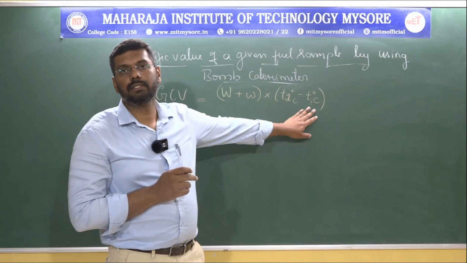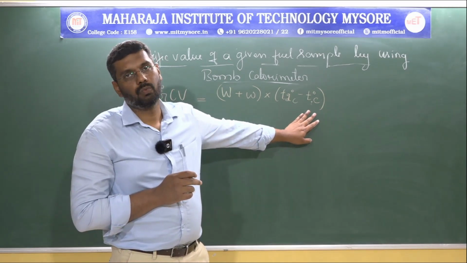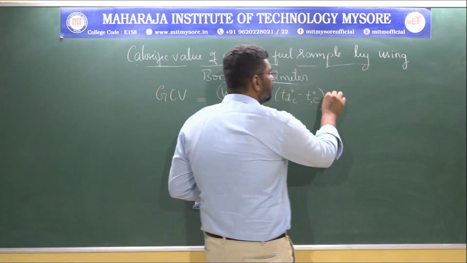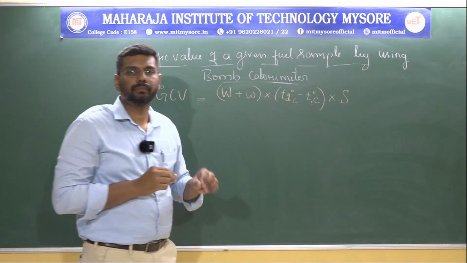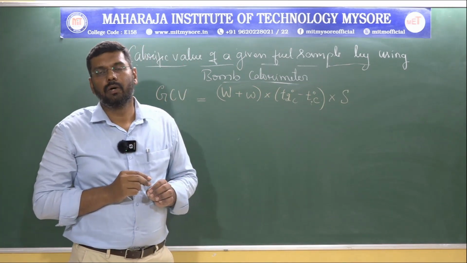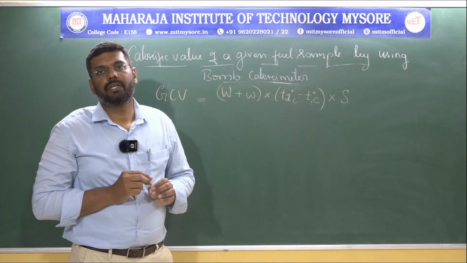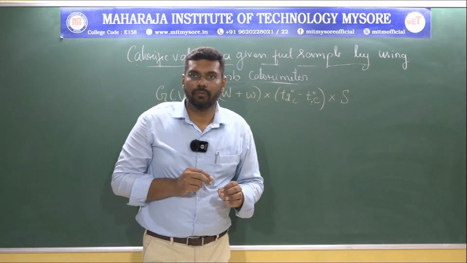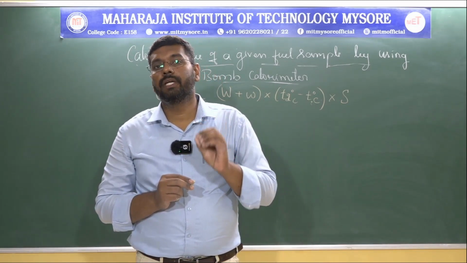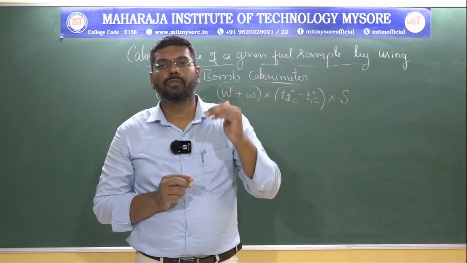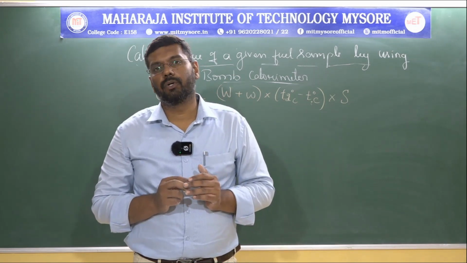T1 is the initial temperature of the water body, and this will be multiplied by S. What is S? S is the specific heat. We consider the specific heat because in gross calorific value we consider the heat generated due to the condensation of the byproducts.